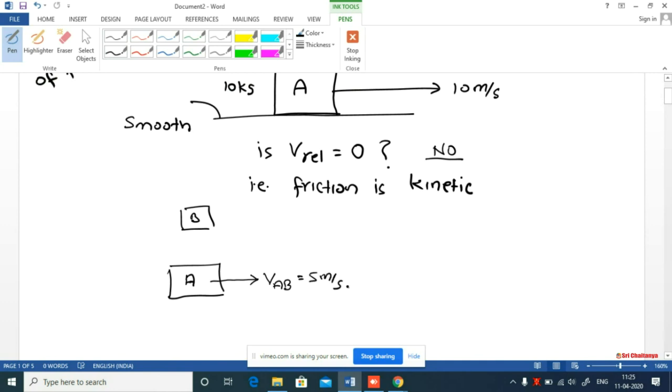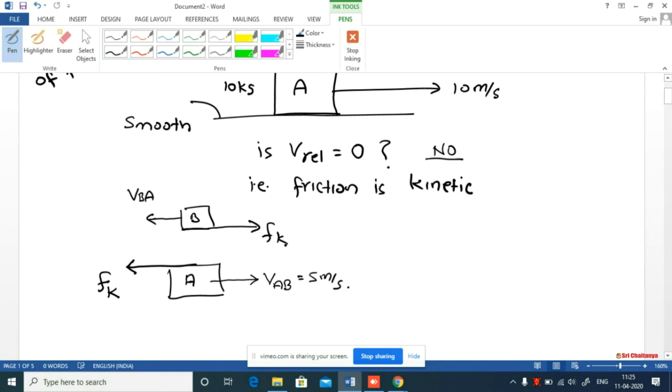And velocity of B with respect to A will be in backward direction. So friction will act opposite to it. This would be the direction of kinetic friction. Velocity of B with respect to A is 5 meter per second in backward direction, so friction on it has to be in forward direction.